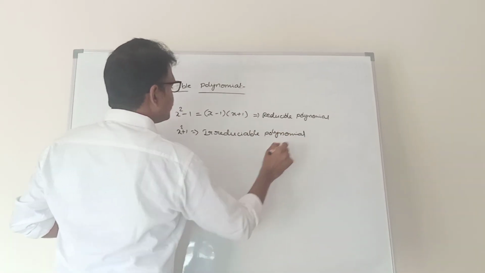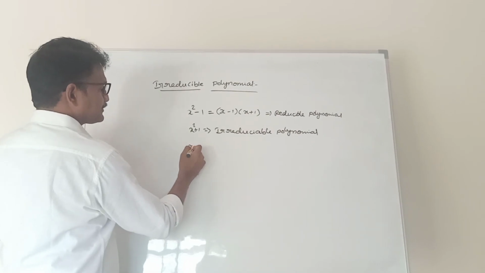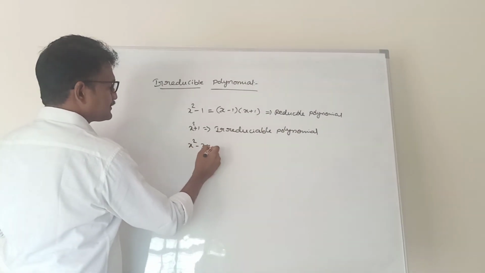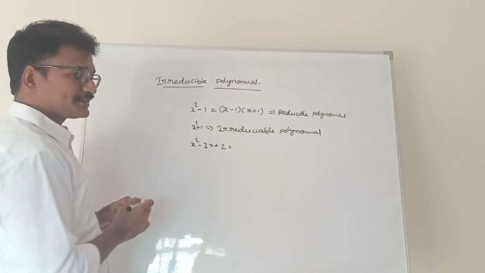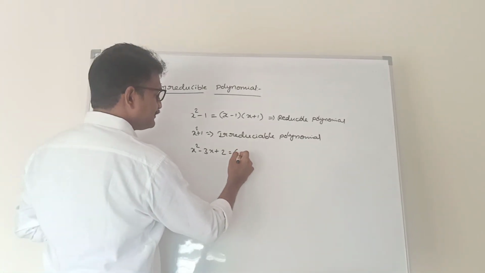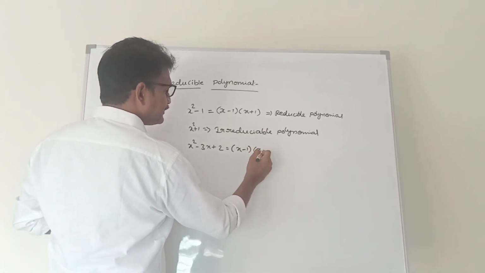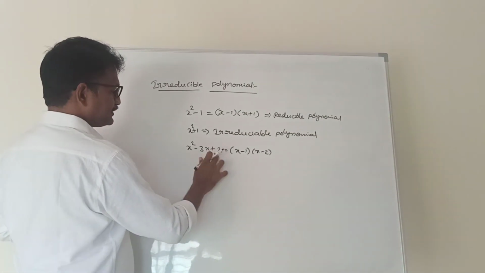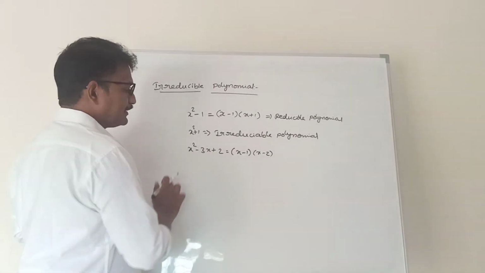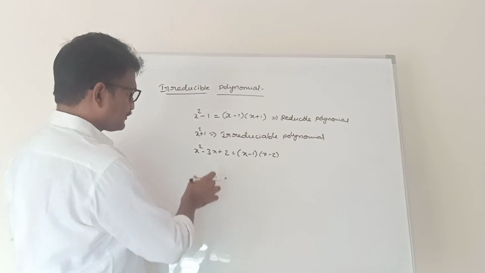Next, suppose you take x square minus 3x plus 2. We can split this into two parts, x minus 1 into x minus 2. This is a quadratic expression because the x power is 2. Here the x power is 1 and 1.